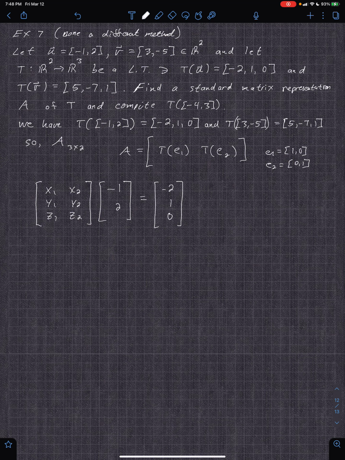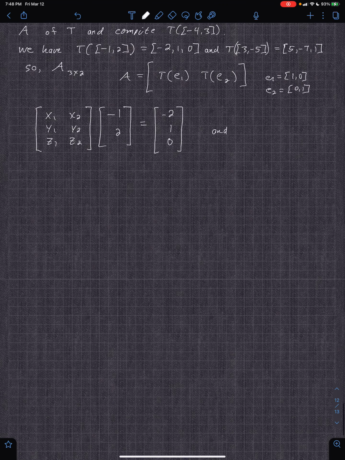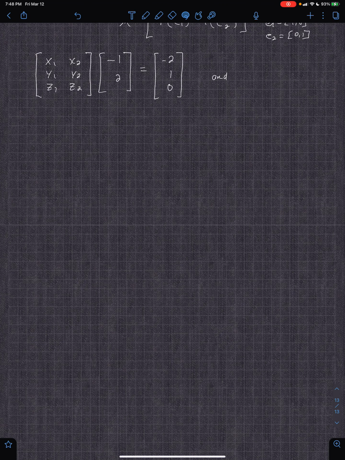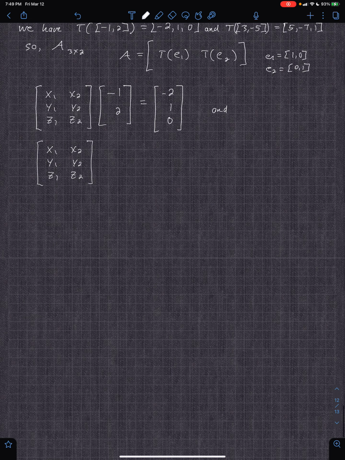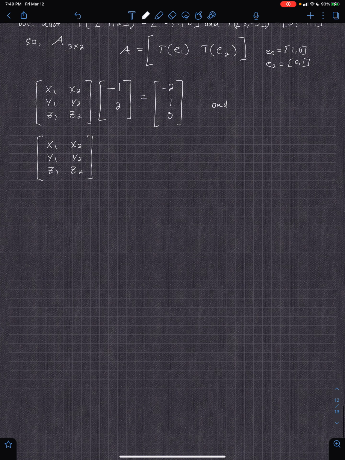So we have that, and we need to have that this same matrix right here, I'm highlighting it, that same matrix times the other vector, which was 3, negative 5, has to equal the other vector.